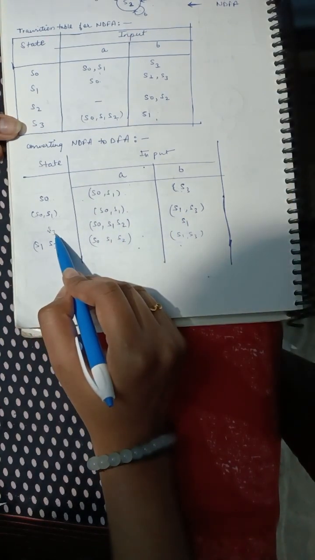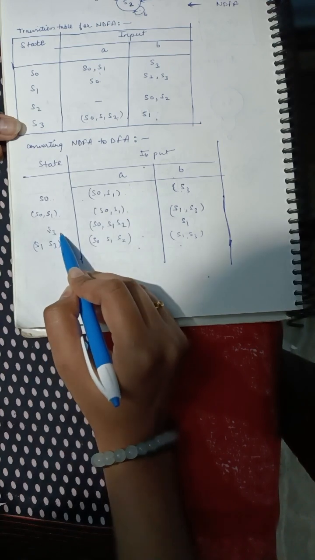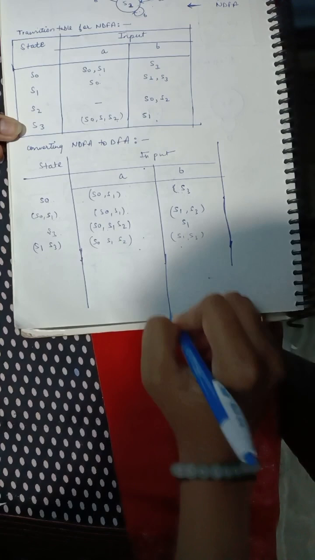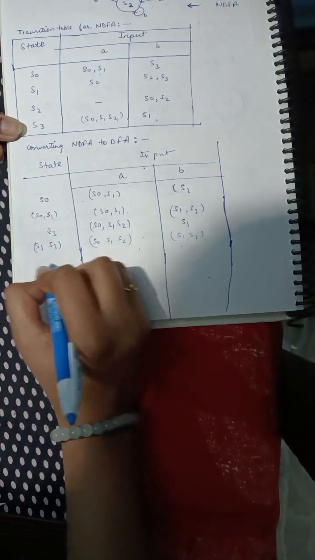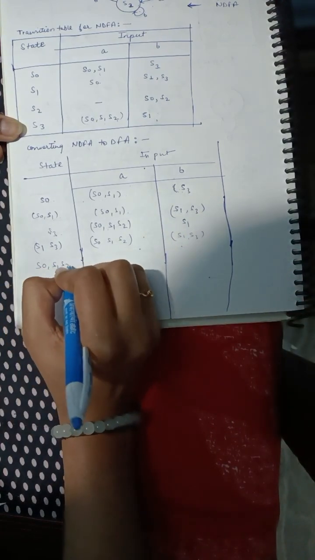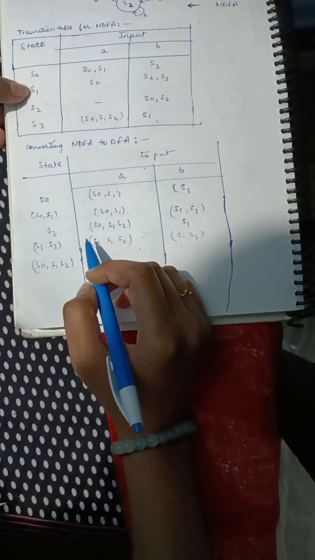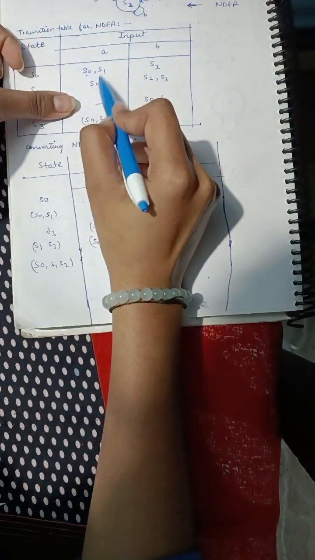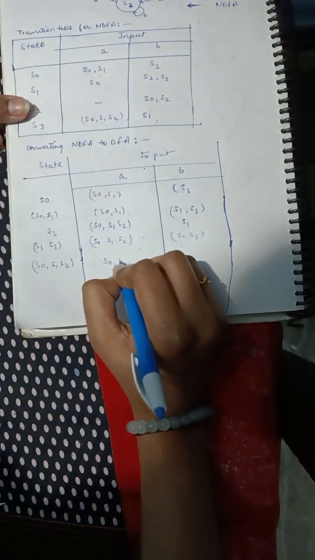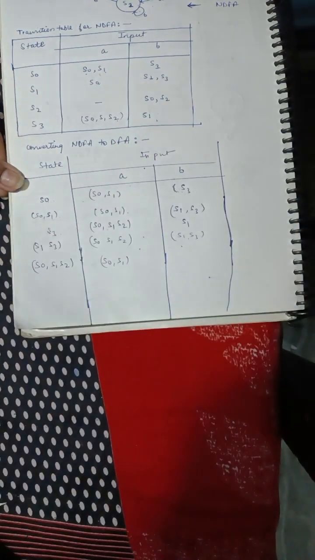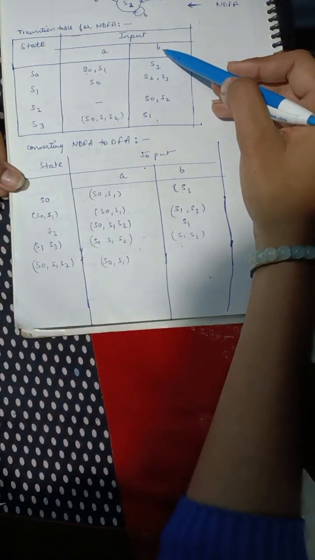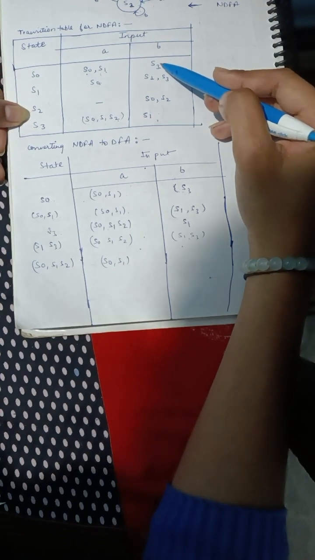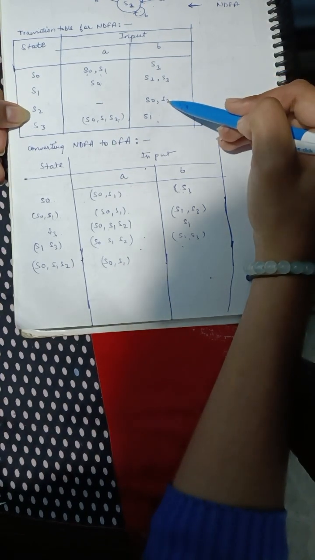Now the next value is S3. This is written as it is. Next to S3 it is S0 S1 S2. So our state will be S0 S1 S2. Okay, so for S0 S1 S2 the input value for A will be S0 S1 S0, means S0 comma S1 itself. Now the input value for B will be for S1 S1 S2 S0 S1 S2, that is S3 S1 S3 S0 S2.